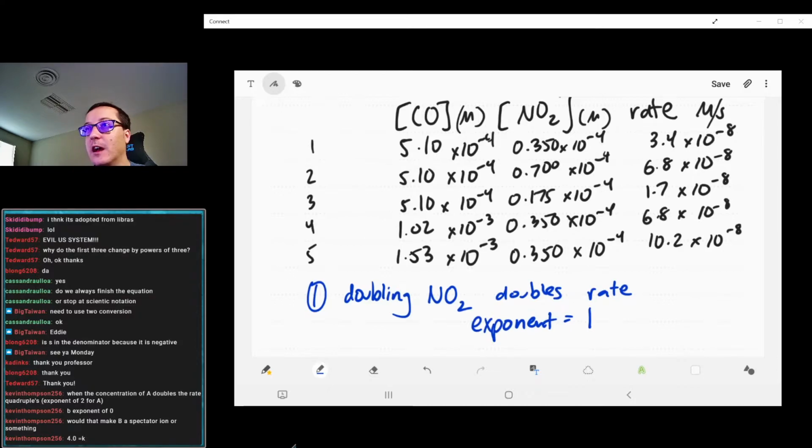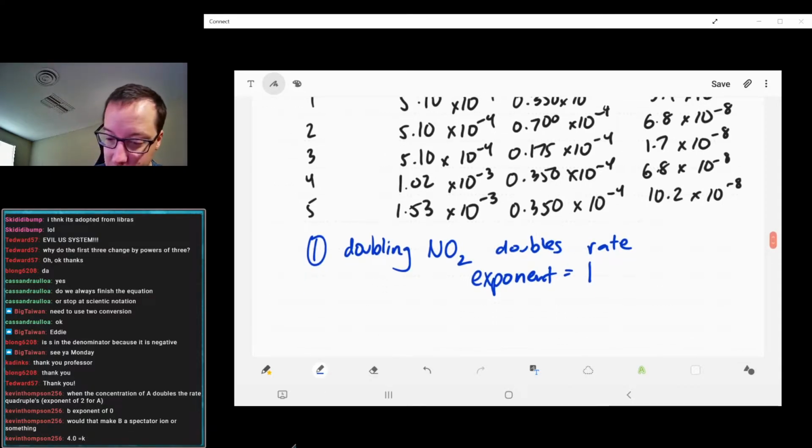So let's look now at 1 and 4, perhaps. If we double the concentration of carbon monoxide, that's double. Make sure you can identify that, right? We're moving up to a different exponent, so we really have 10.2 times 10 to the negative 4. So we are doubling that. We do end up with a doubled rate.